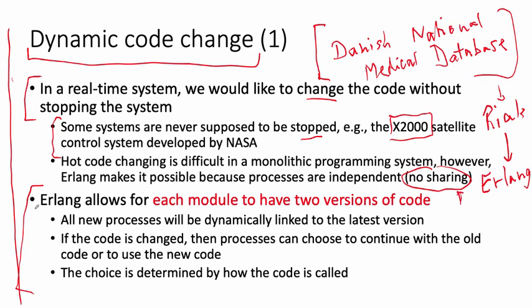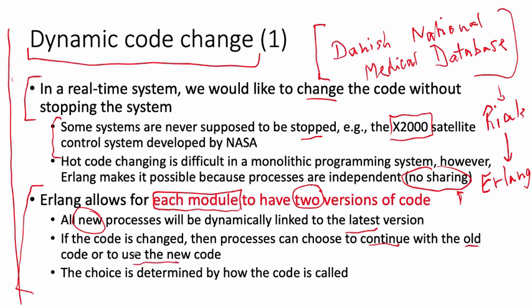Erlang provides a mechanism: each module has two versions of the code, an old version and a new version. If you create a new process in the module, you will get the latest version, the new version of the code. But if a process is running with the old code and the new version is installed, the process can continue with the old or use the new.